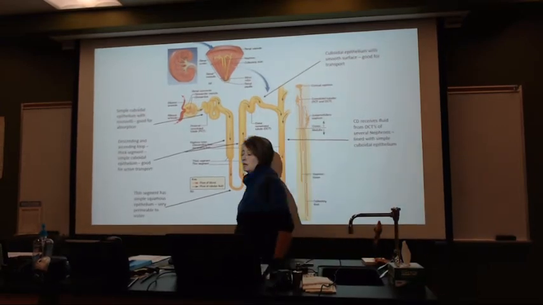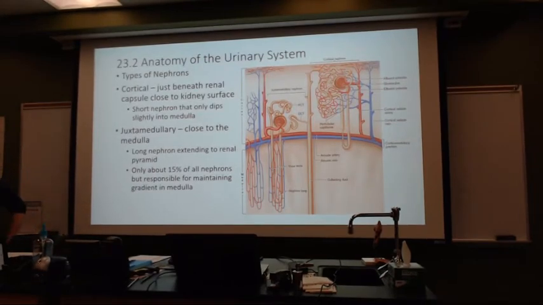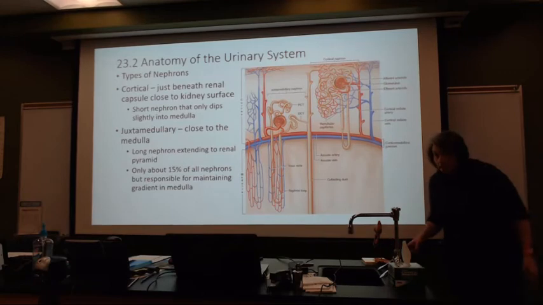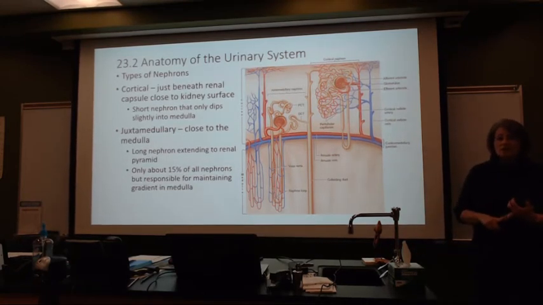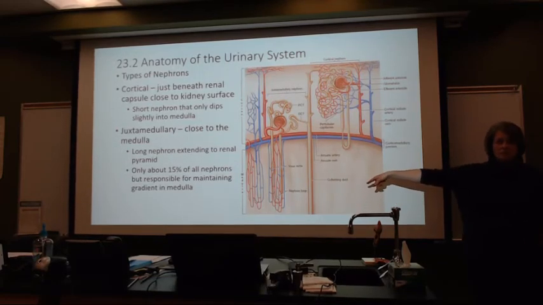Okay? So the job of these structures, these nephrons, like I said, we've got two types. Look at their makeup, look at where they're located, and look at what portion is surrounded by the blood vessels.